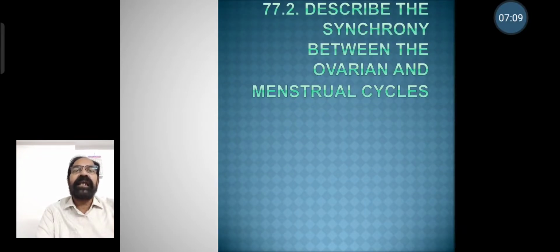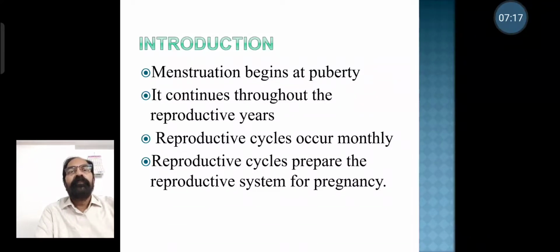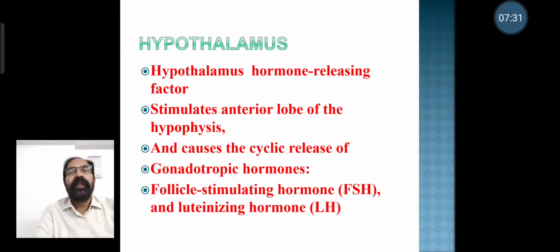Then we go to describe another competency, that is synchrony between the ovarian and menstrual cycles. Menstruation begins at puberty. It continues throughout the reproductive years. Reproductive cycles occur monthly. Reproductive cycles prepare reproductive system for pregnancy. Hypothalamus.